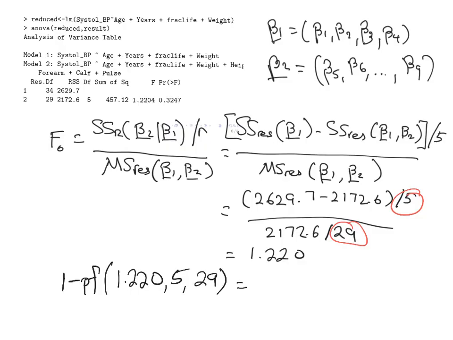If you work this out in R, you should get something pretty close to what I get over here, so that's probably some rounding off. So this is one approach, and if you had to calculate by hand, this is how some of these values are got. The F statistic is consistent with what we got, and the p-value too. So that's one way to do it.